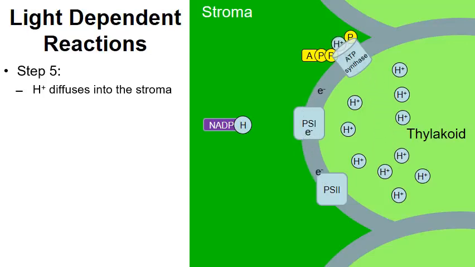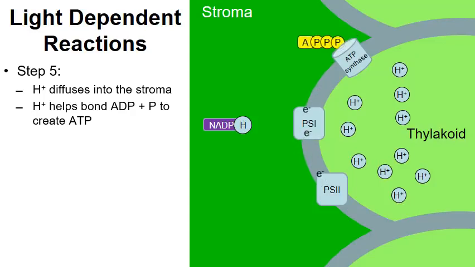Hydrogen moves from high to low concentration, diffusing through ATP synthase, and helps to bond a molecule of ADP, adenosine diphosphate, with another phosphate. When that happens, they bond to make a molecule of ATP.